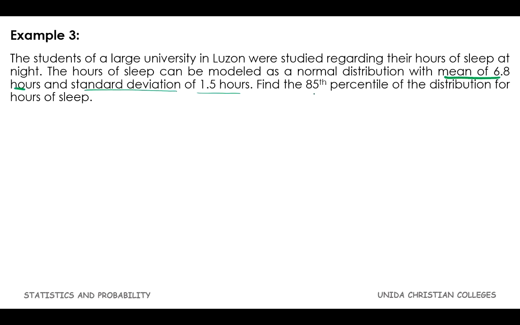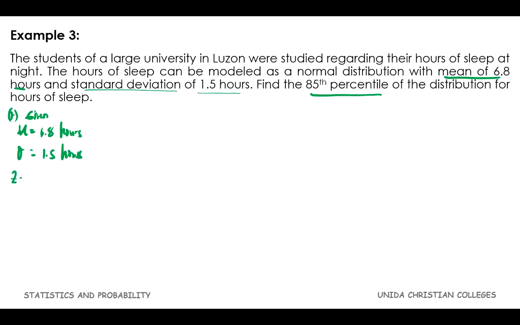Here, we're going to find the 85 percentile for the hours of sleep. These are our given. Our average is 6.8 hours. Our standard deviation is 1.5 hours.